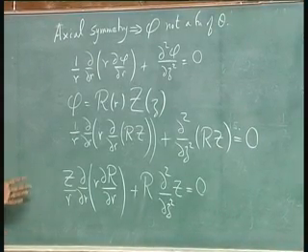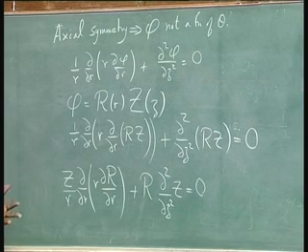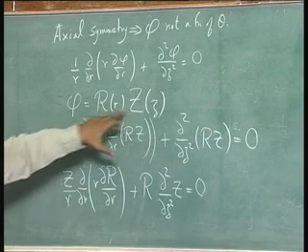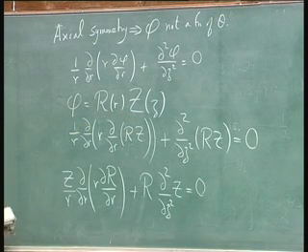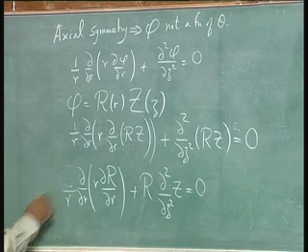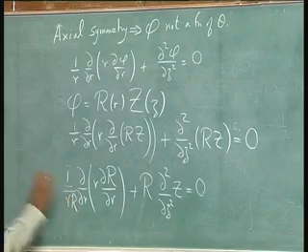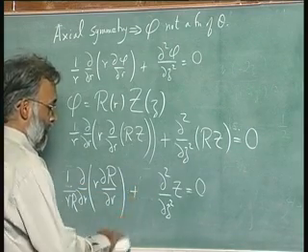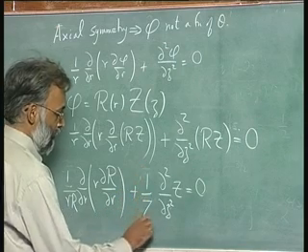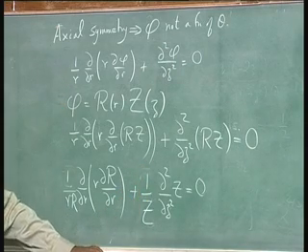Then I can separately equate them to constants. So, I will divide by phi. If I divide by phi, I am dividing by RZ. So, the Z cancels out and I get 1 over capital R, and here the R cancels out and I get 1 over capital Z.